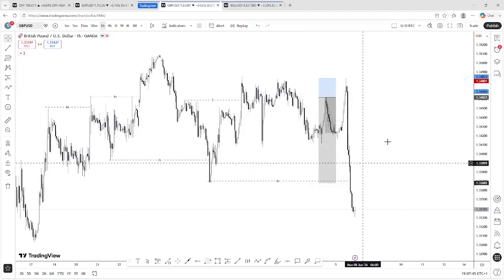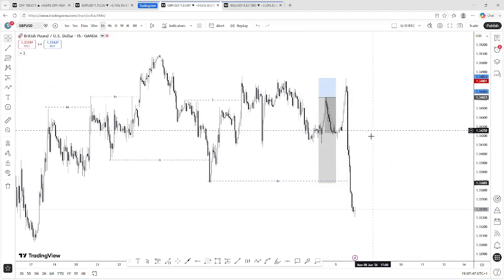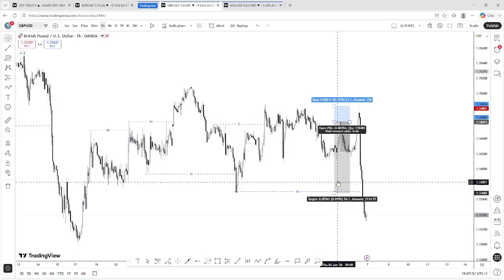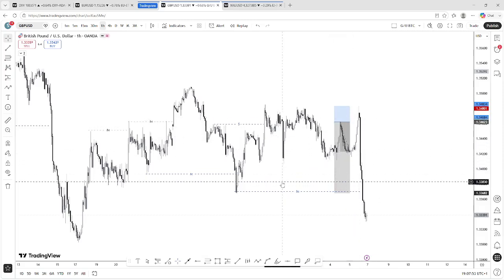And you can see that I can also share with you this trade. It's the same setup that I had on EU.